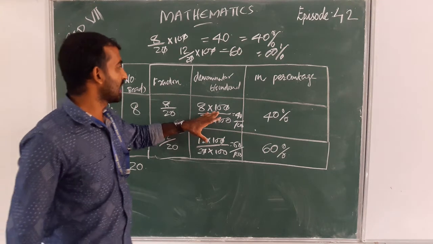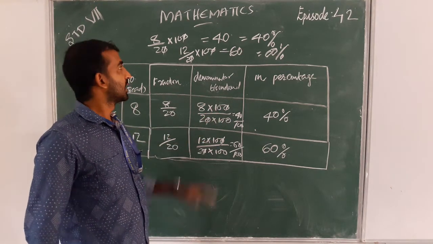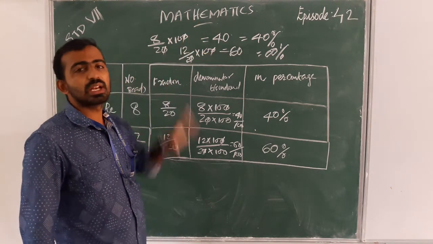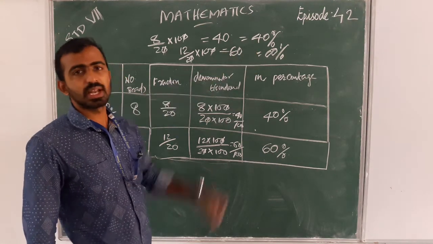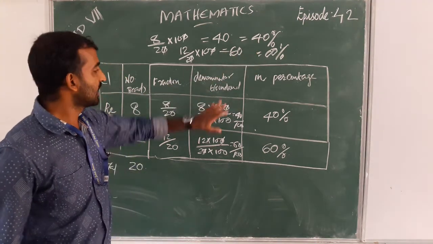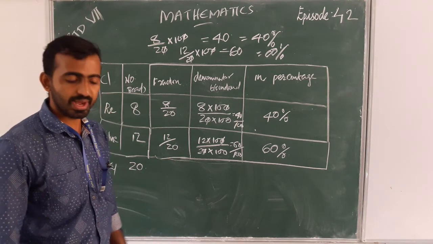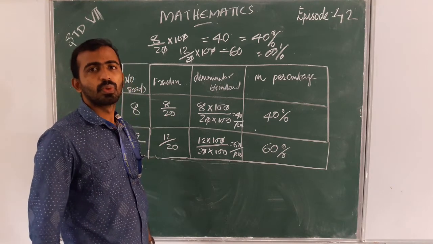In the first way, we multiply 100 in the numerator and denominator. Here we multiply only 100 in the numerator and write it as a percentage. The next method is to convert the denominator into 100.